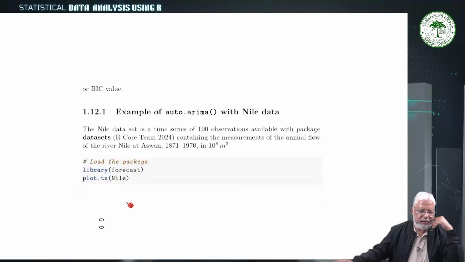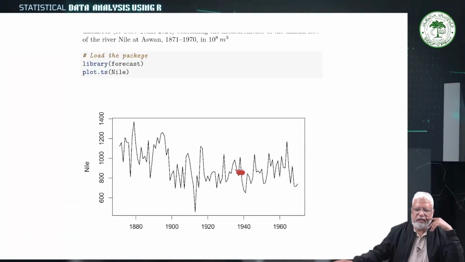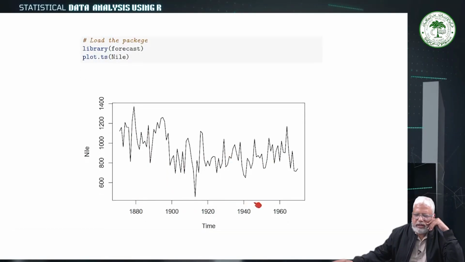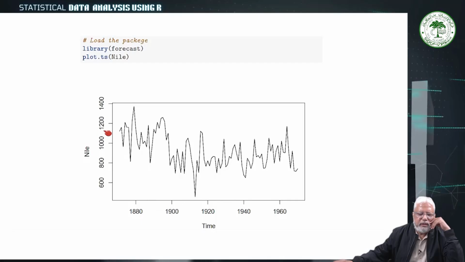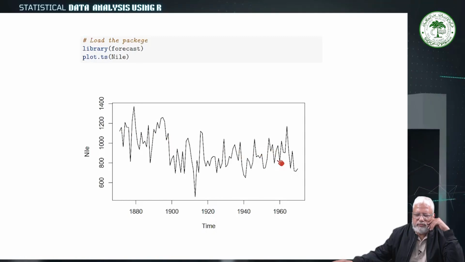Library forecast, plot.ts Nile. So this is the time series plot of the Nile. See, it shows that with the increasing time, there is some decreasing trend in the flow level. There is a decreasing trend in the flow level.